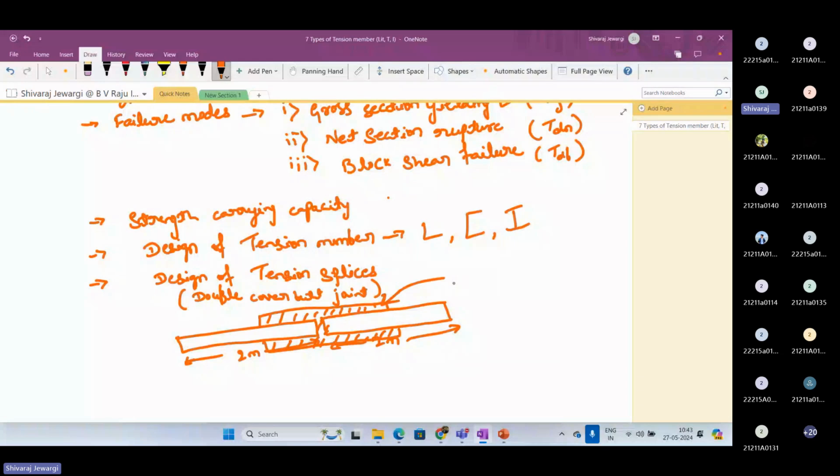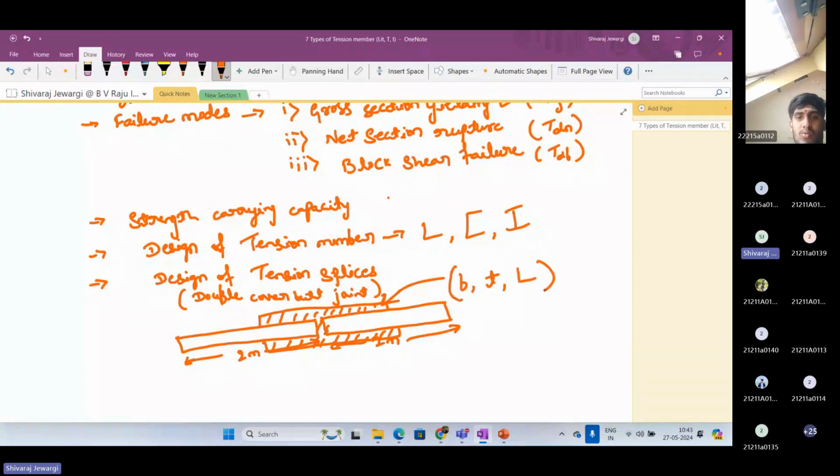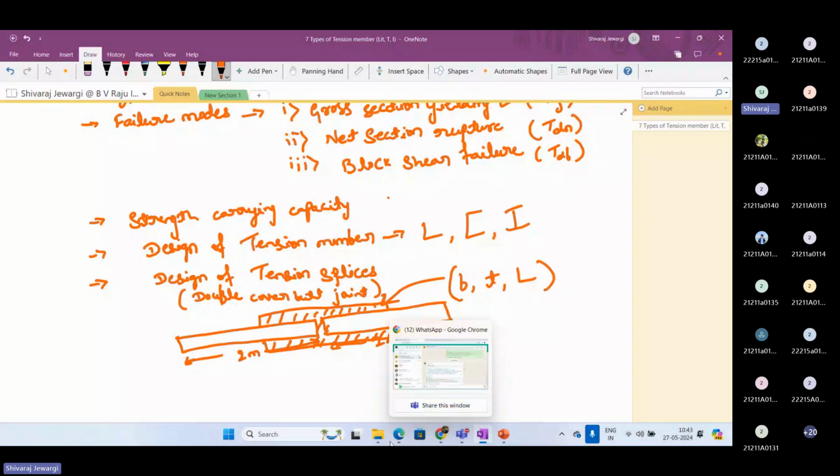So you need to calculate all these three parameters, and only then will the splice plate be properly provided, and then it is behaving as one member.